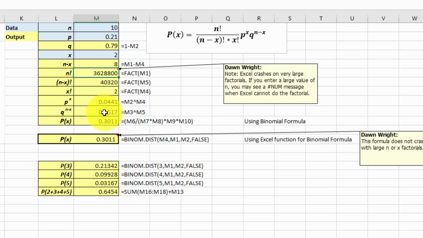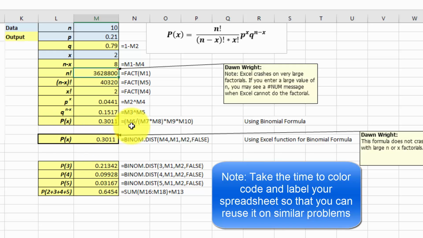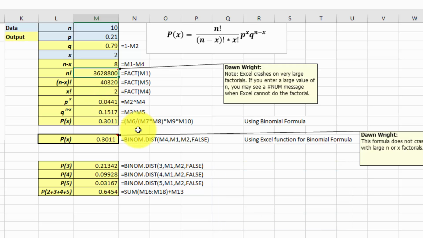And then multiplying those together, I get the probability of 2 is equal to m6 divided by m7, that's the n minus x factorial times x factorial times p to the x times q to the n minus x, and that gives me a value of 0.301.